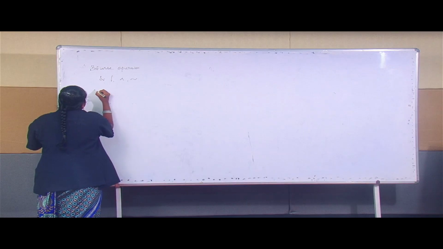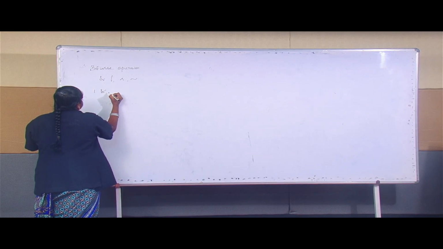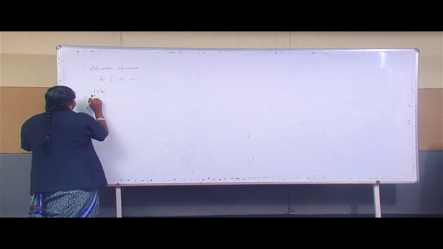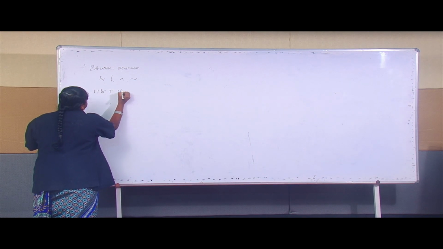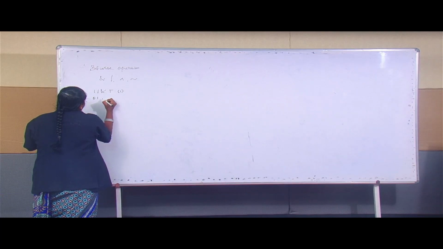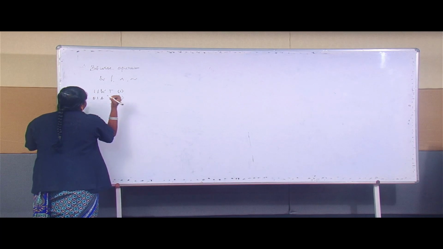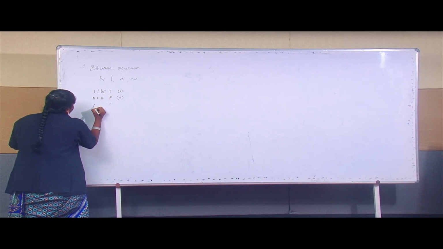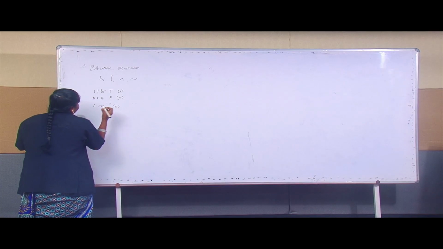Let us consider 1. If we do AND operation, this needs 2 inputs. If both are true, the output will be true. True means 1. If any one is false, the output will be false. So, the output will be 0. If suppose I give 1 to negation, the output will be 0.